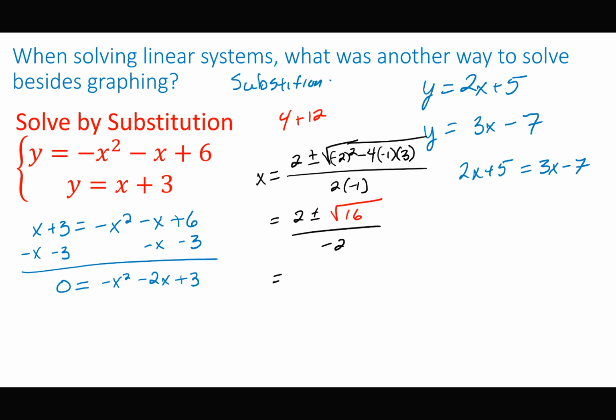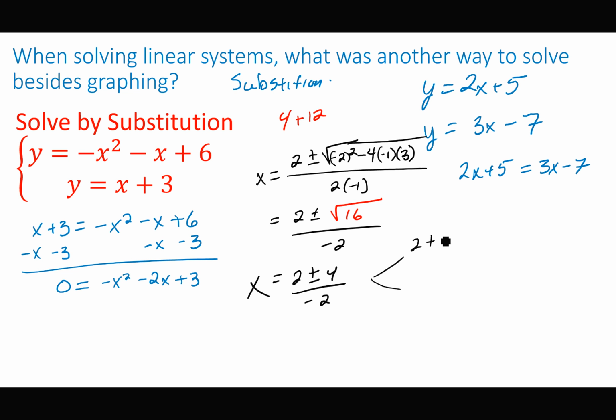Square root of 16 is 4, so now this becomes 2 plus or minus 4 divided by -2. Again, we're still solving for x. I just have numbers I'm working with, so I can keep going with this.